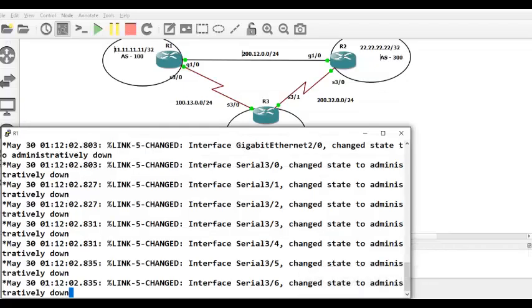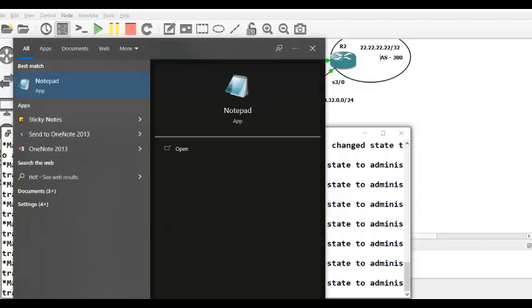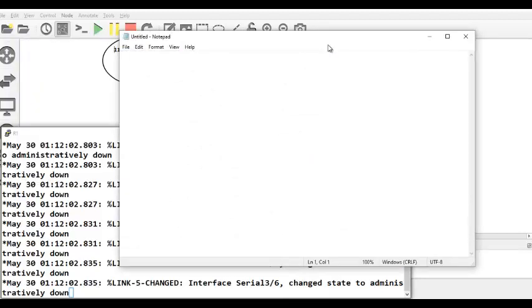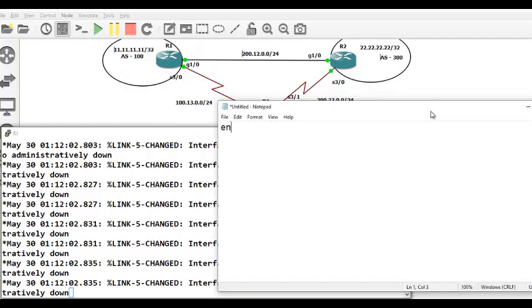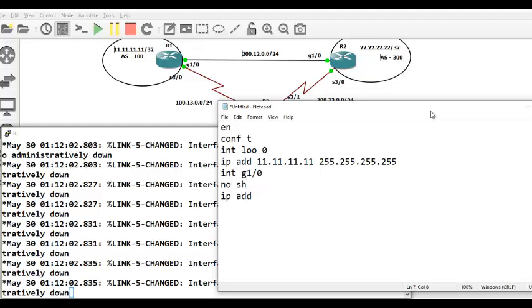All right, I'm going to use a notepad to finish this configuration really quick. So, notepad: enable, config t, interface loopback 0, 11. And then interface G1/0, 200.12.0.1.